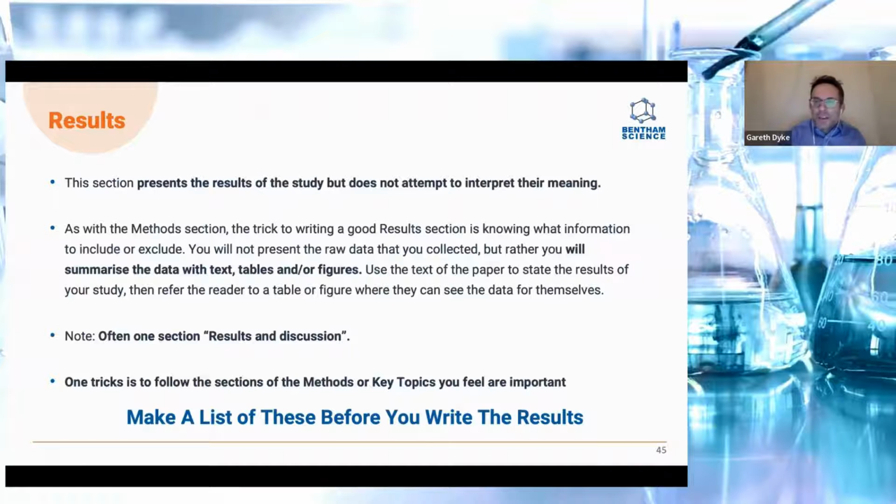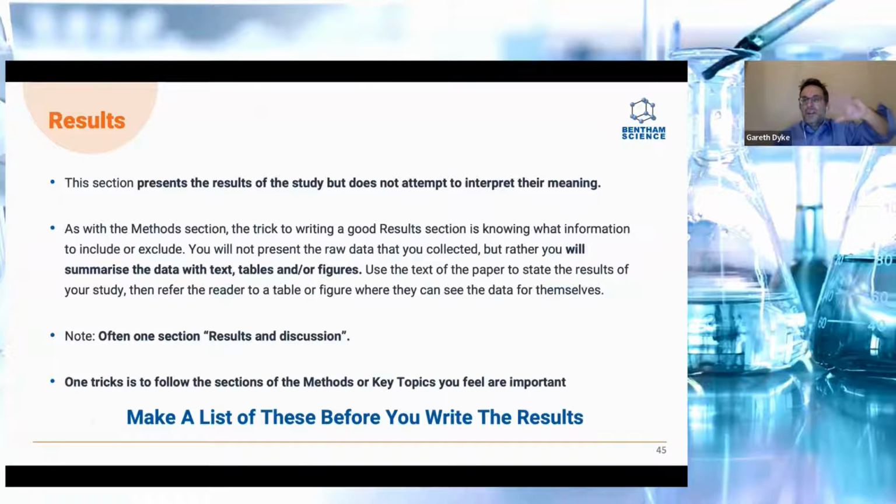As with the method section, the trick to writing a good results section is knowing what to include. And you'll find that very often method sections and results sections in academic papers follow the same overall basic timeline structure.